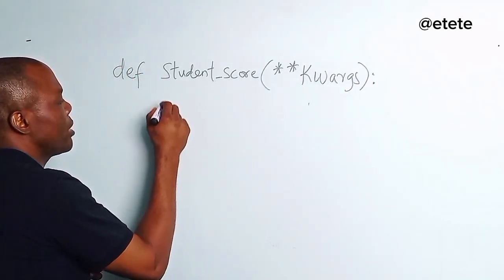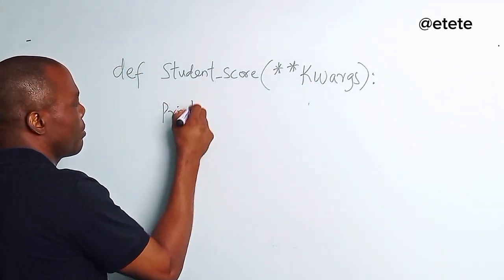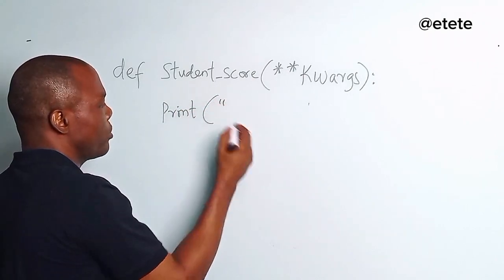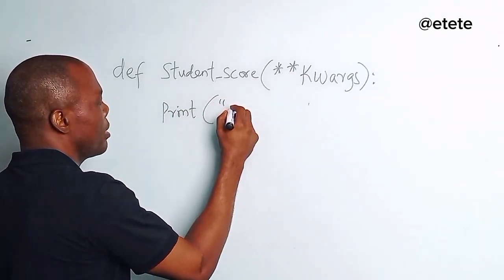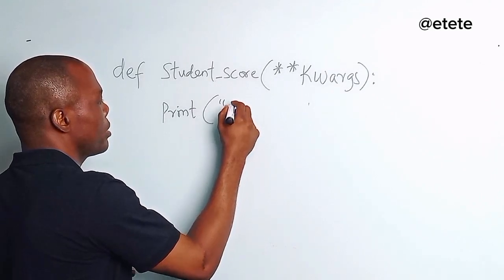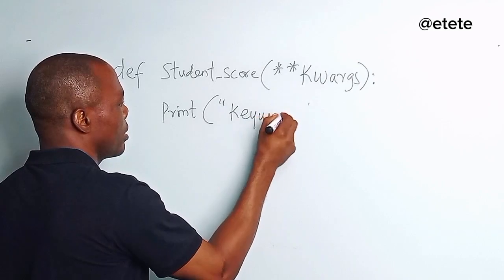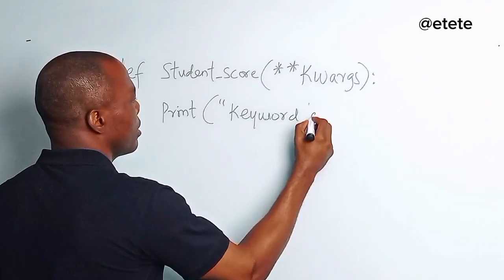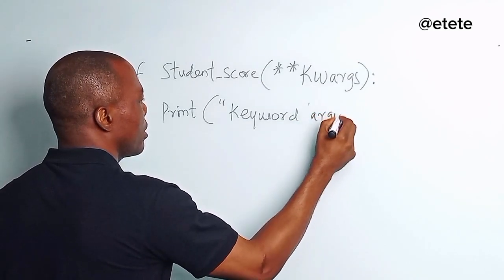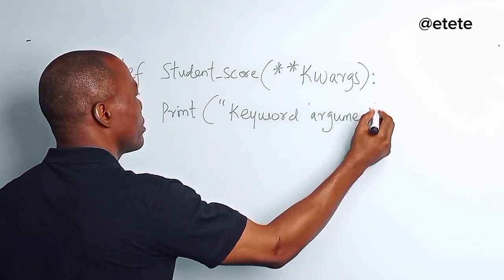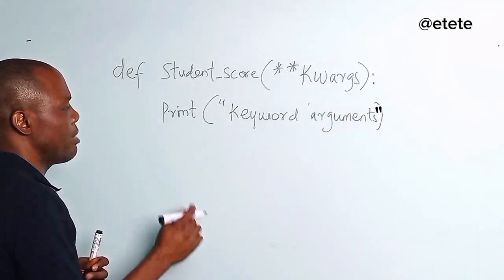Then inside it, I'll call the print function, and I'll just apply my string literal. Print keyword argument. That is what I'm having.